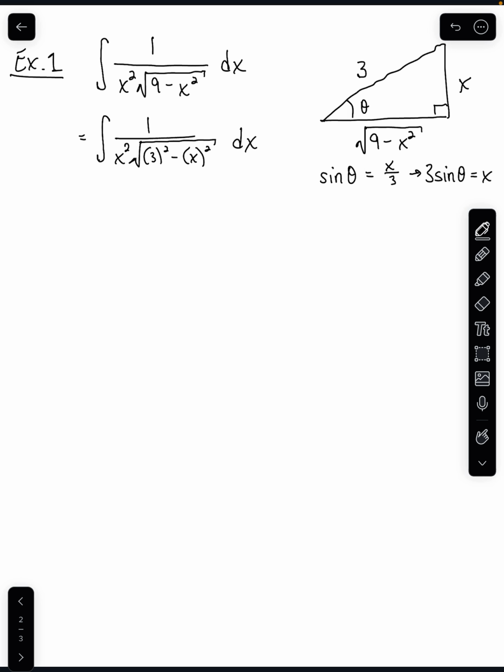This will allow us in the integrand to replace all instances of x with 3 sine theta.